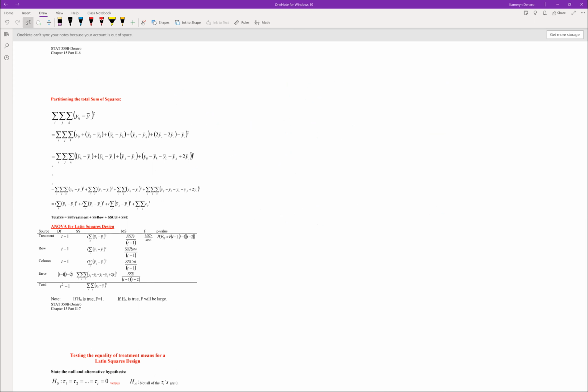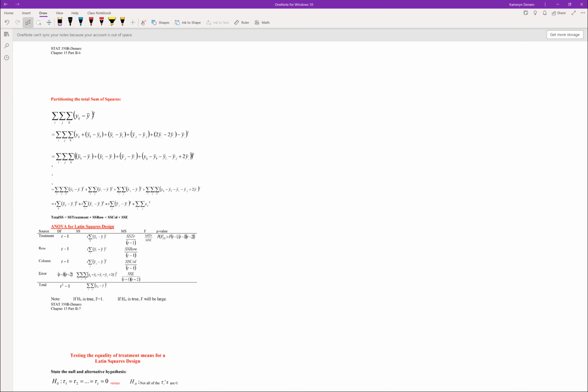There are T treatments, so the degrees of freedom would be T minus 1. For the blocking factor for the rows, we're also going to have T values, so our degrees of freedom, once again, is T minus 1. For the columns, there are T columns, so we have T minus 1 again. And then we have the error and the total.